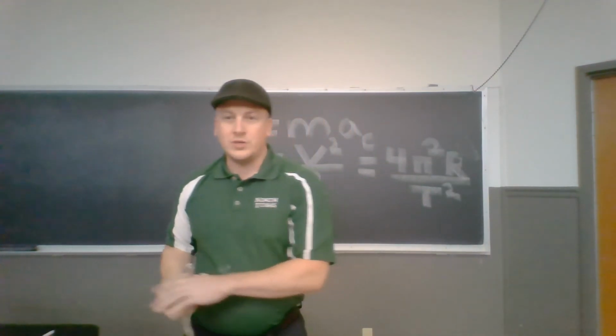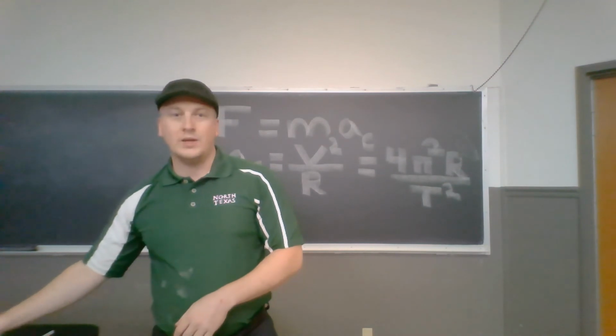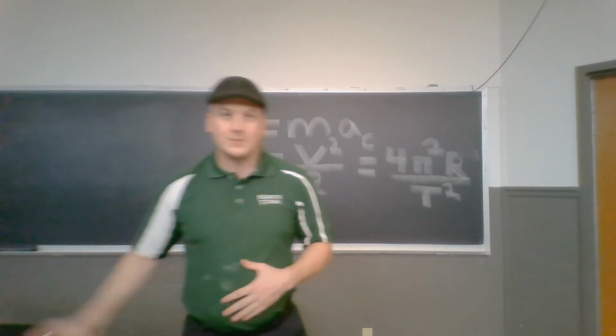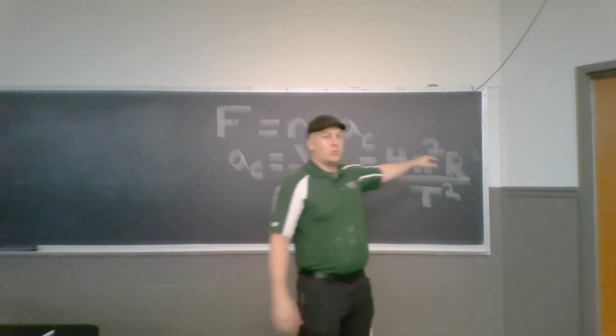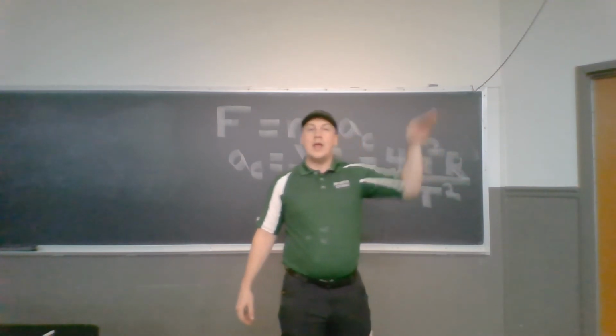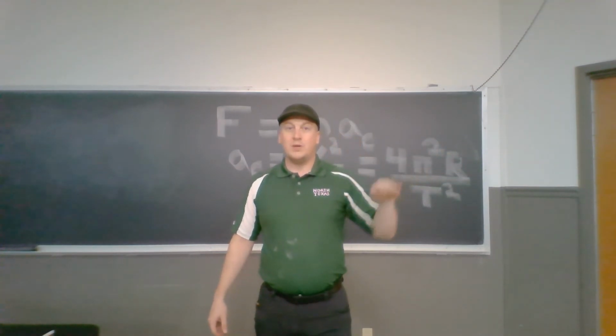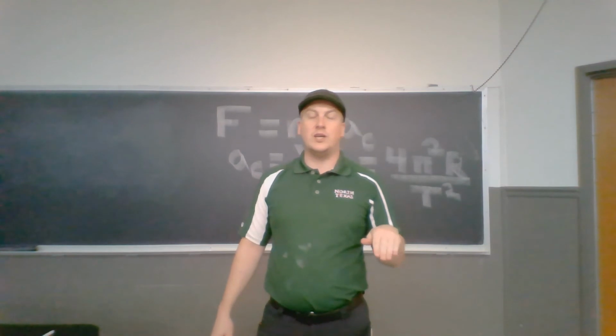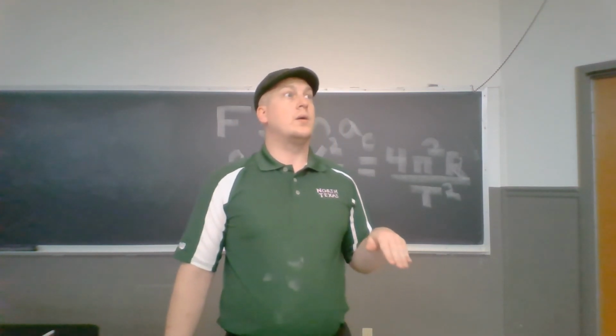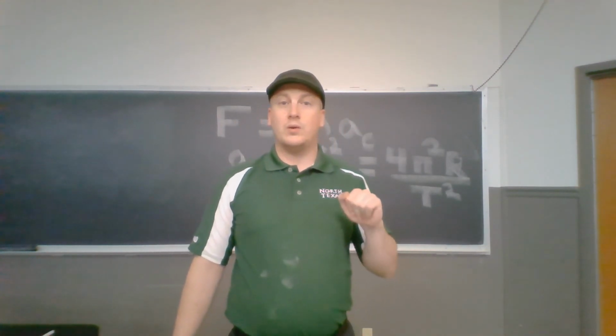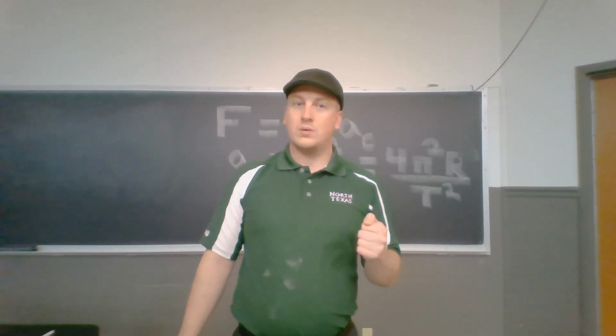So now the final question with this is, how much do they change by? If I was to change the radius by 1/2, the period would have to change by, I believe, 1/4.